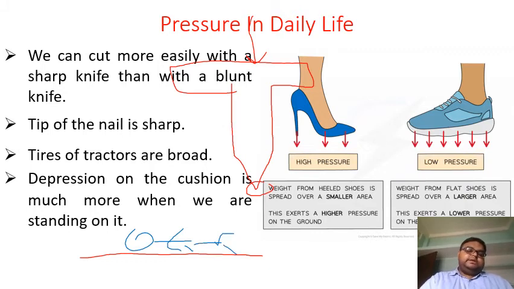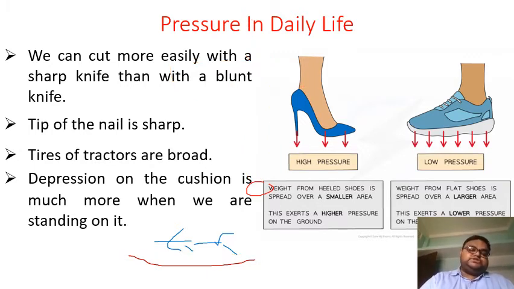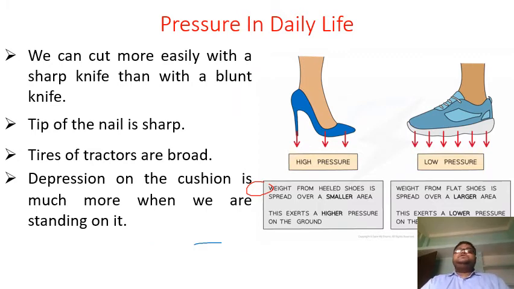Then the cushion is not bending down so much, it is bending very gently, right? What might be the reason? The reason is the pressure. Okay, students, understood? So these are some applications of pressure in our daily life.